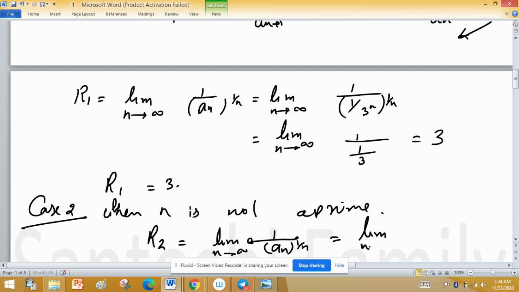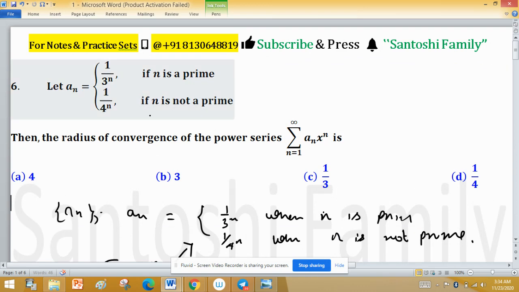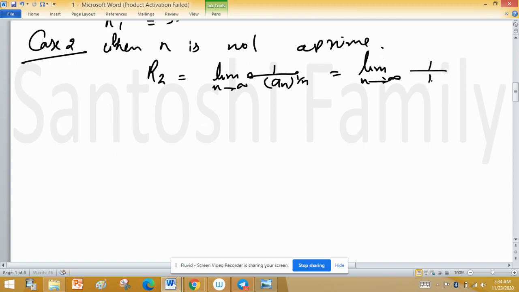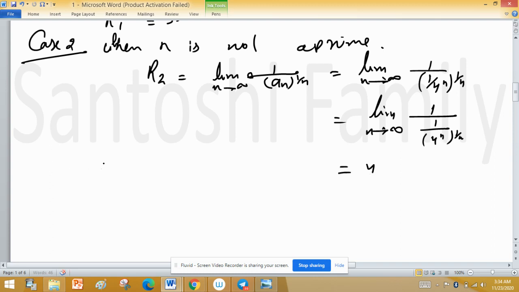Limit n tends to infinity, and here a_n, when n is not prime, is 1 upon 4 raised to the power n. Use this 1 upon 4 raised to the power n and raised to the power 1 upon n. It will be limit n tends to infinity 1 upon 1 by 4 raised to the power n and raised to the power 1 upon n. It will be 4. So the radius of convergence R2 equals 4.